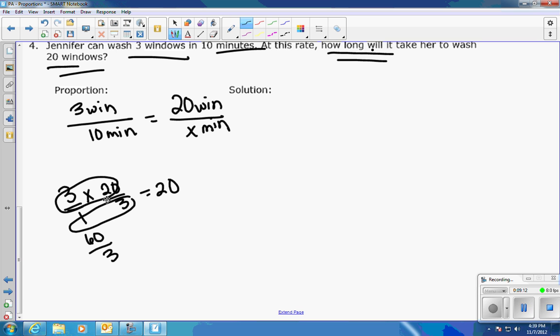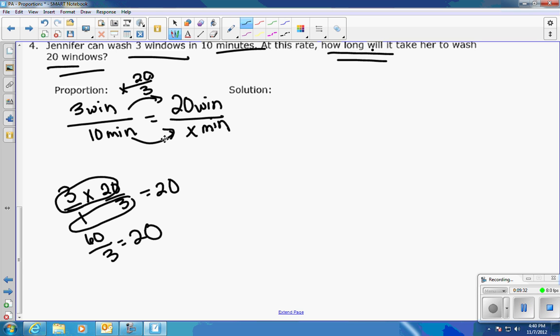That 3 here and that 3 here end up canceling each other out when you finish up your division. So if you can multiply by what this top part is, and then divide by that 3, that's that ratio that you're going to end up multiplying by.